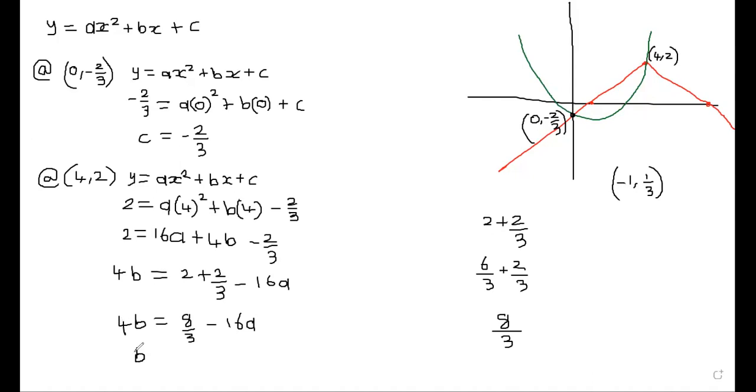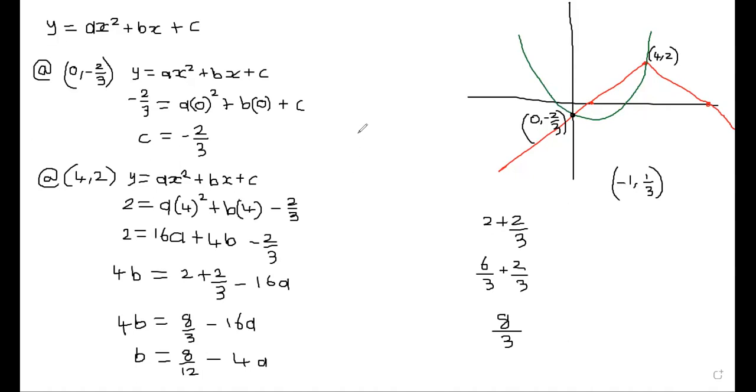If we multiply by 1/4, we're going to have 8/12 minus 1/4. It will just be 4a. Yes, we can simplify here. We can simplify 8 and 12 because there's a number that goes into 8 and goes into 12. That number is 4. Here it goes 2 times, here it goes 3 times.